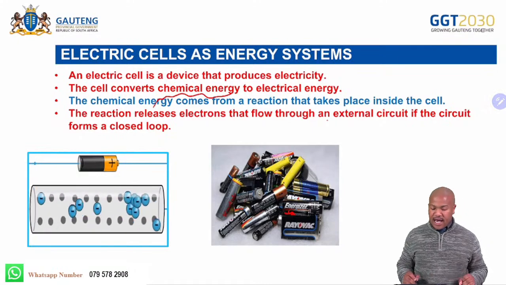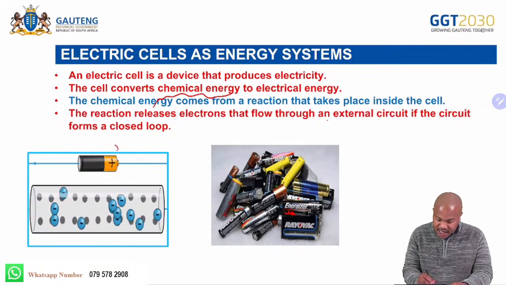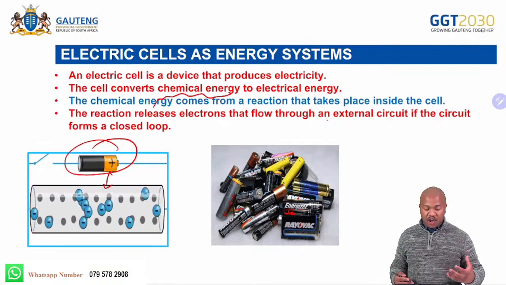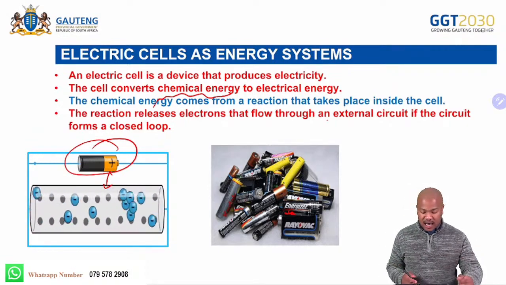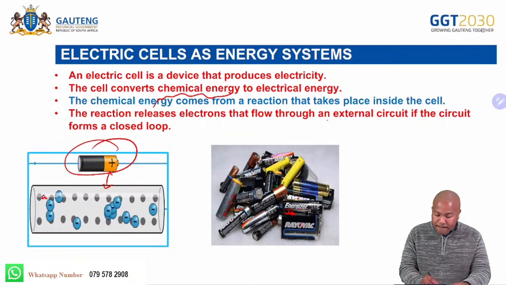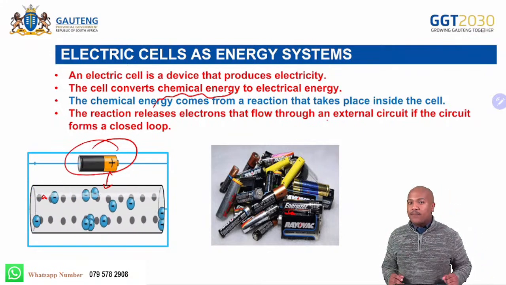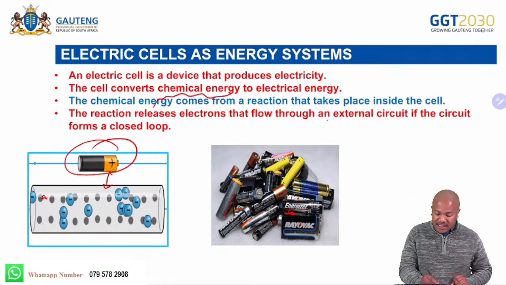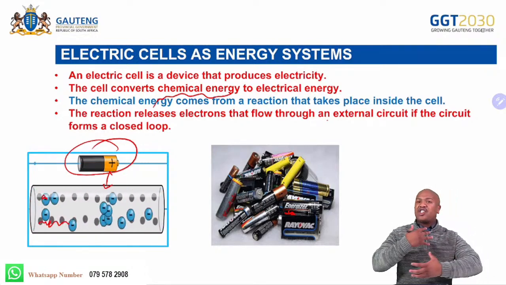Here's an example again, right? So this cell here is this one here. Now this is an illustration of what is happening inside this cell. A lot of what? Potential energy is stored. It is stored in the form of chemical energy. So what happens here, right? There are chemical reactions taking place.